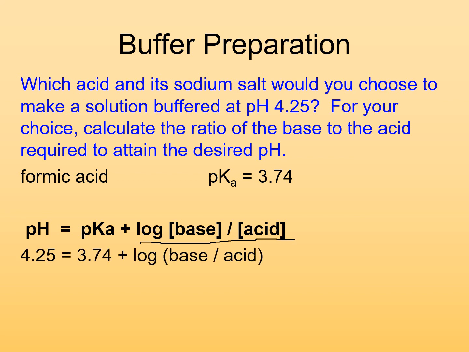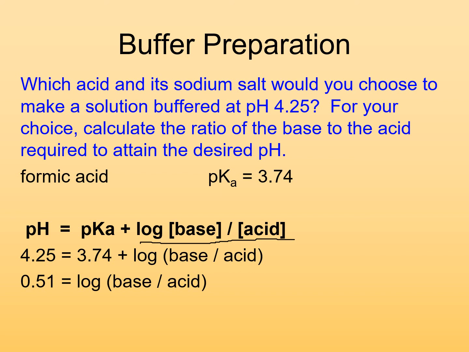So if we plug in the values we know, our pH 4.25 is equal to our pKa, which was 3.74, plus our log of base divided by acid. So we would subtract the 3.74 to get 0.51 is equal to our log of our base over our acid.